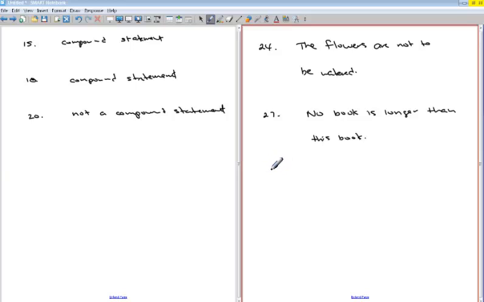Okay, let's say 31. Everybody loves somebody sometimes. So again, you can think, well, nobody loves somebody sometimes, but that's not really where the negation happens. So this is a little more difficult. Everybody loves somebody sometimes.